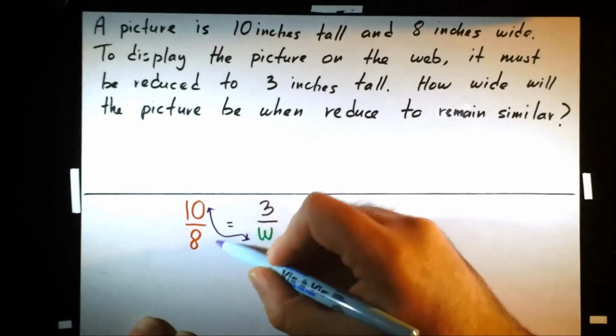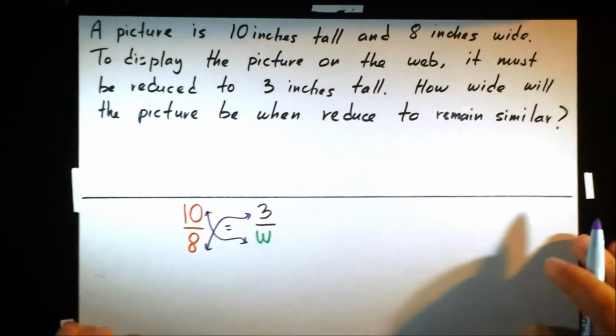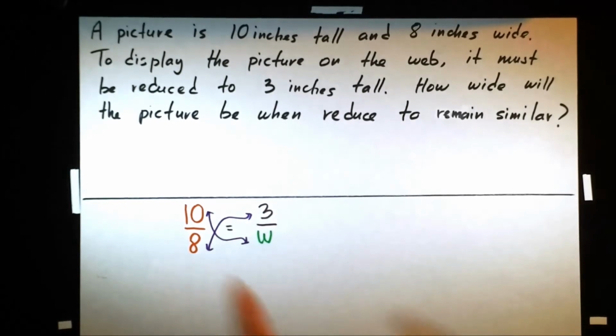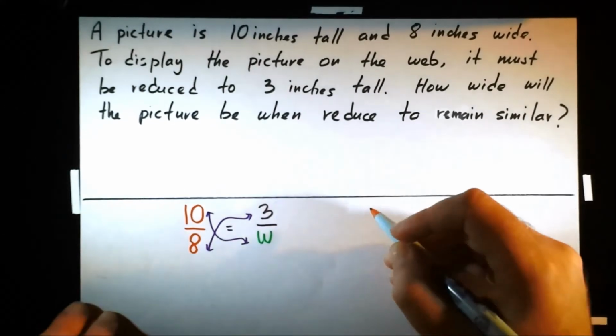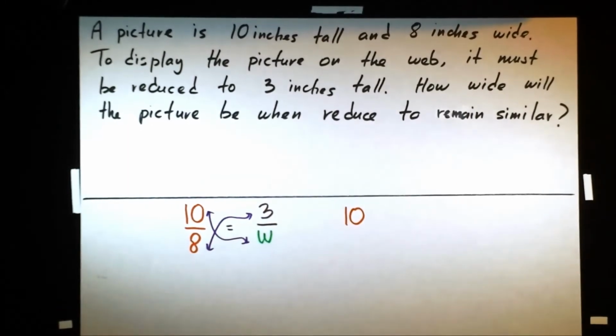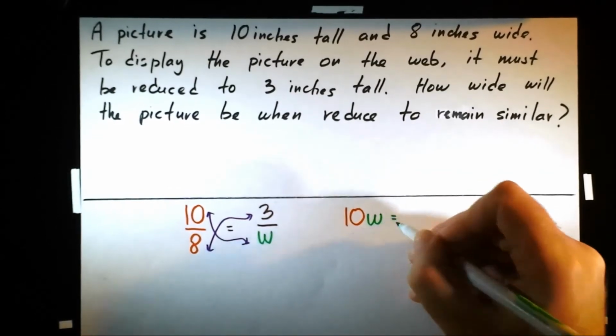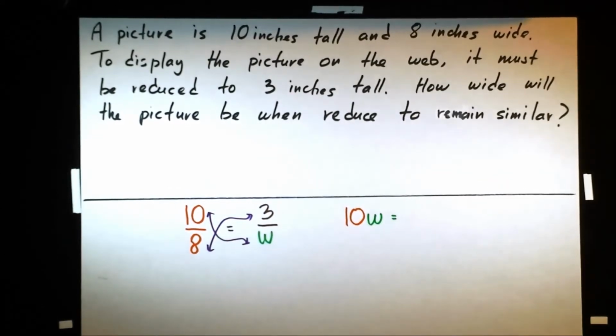It's very similar to what we've done before, so I'm going to go ahead and cross multiply. 10 times W, and all of this equals 3 times 8.